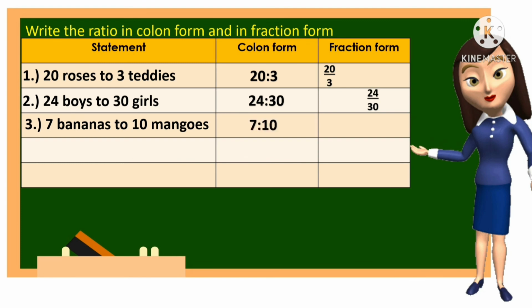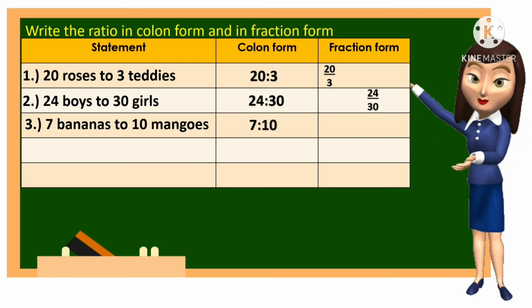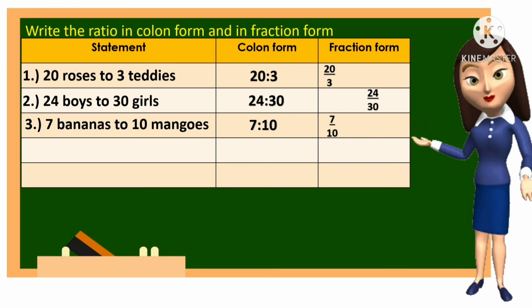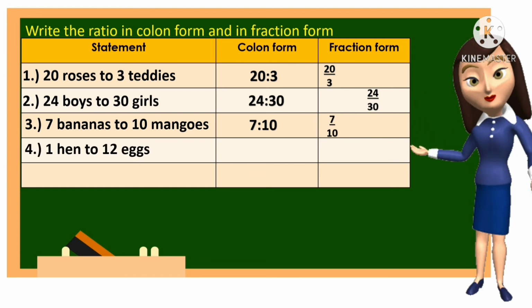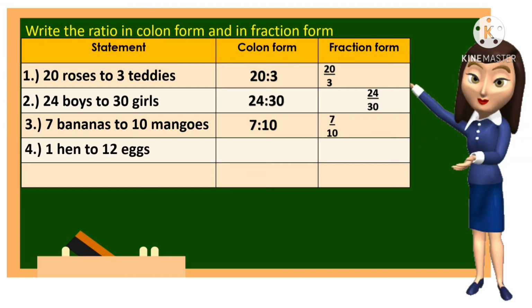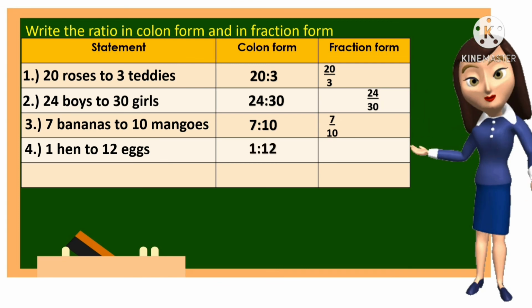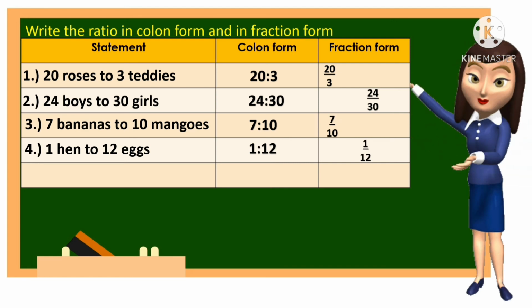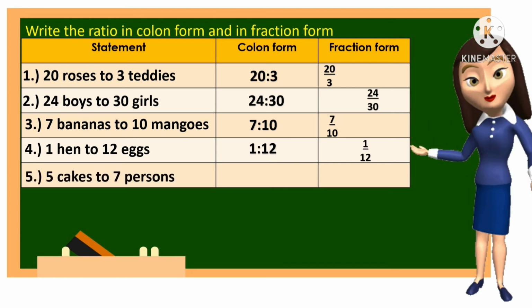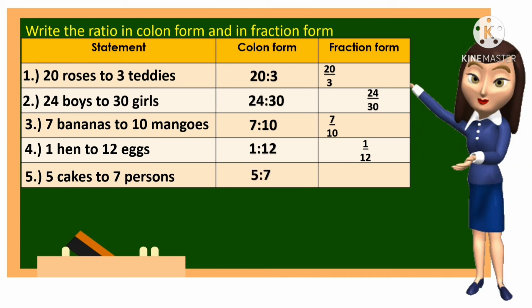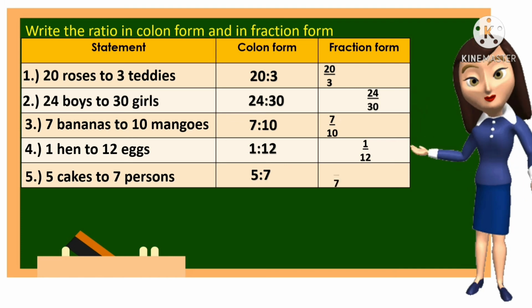The answer, 7 is to 10. 7/10. 1 hen to 12 eggs. The answer, 1 is to 12. 1/12. 5 cakes to 7 persons. 5 is to 7. 5/7.